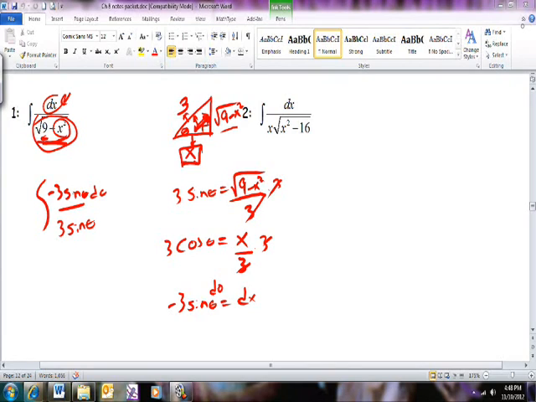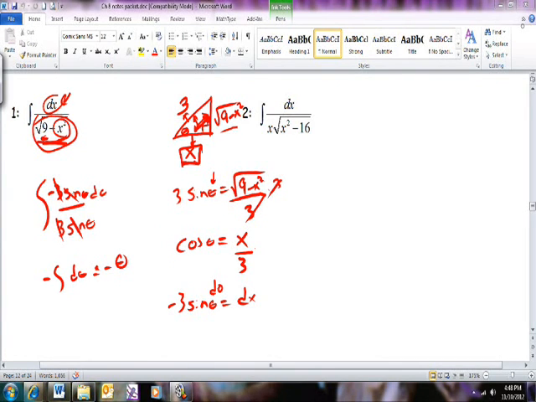And look what happens. The 3's cancel, the sine of theta cancels, and I get negative integral of d theta. Well, what is that? That's negative theta. Now, I can write more than one equation for theta. I could go back to sine of theta and have the arcsine of this craziness, or I could go back here to cosine of theta. Remember, cosine of theta was adjacent over hypotenuse.